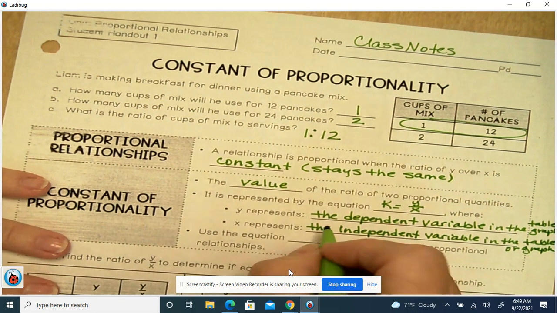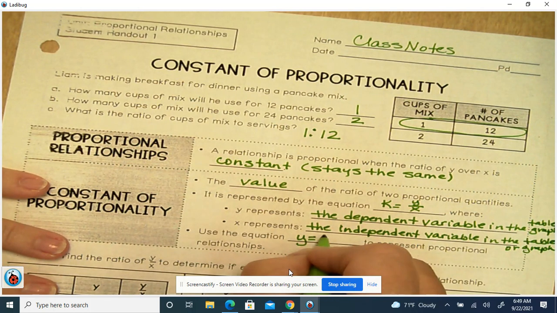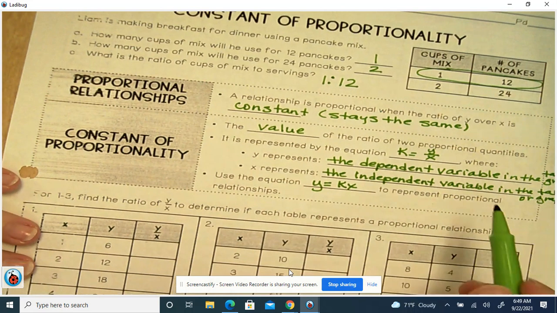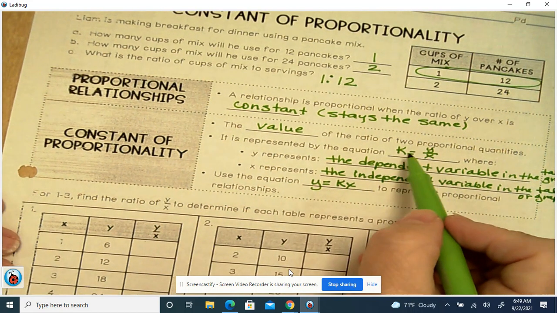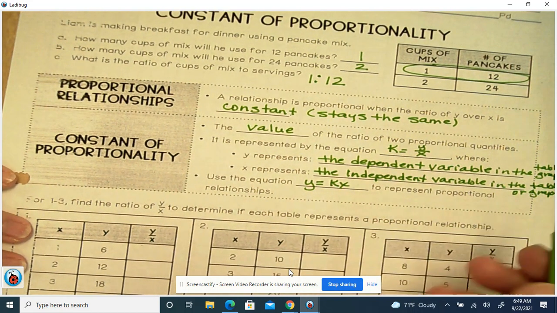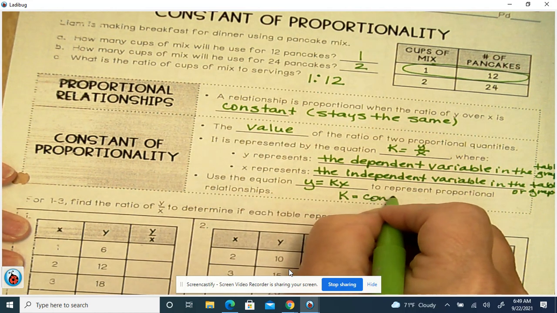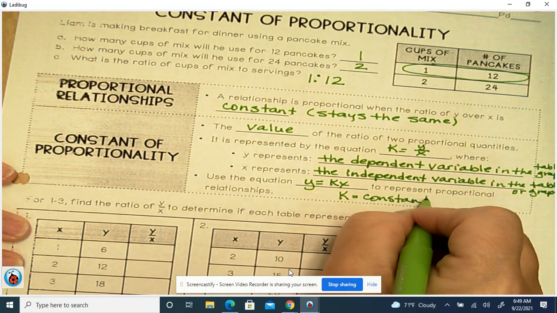Use the equation y equals kx to represent proportional relationships. Now we said here y divided by x is going to give us k, which is the constant. So k is equal to the constant, what doesn't change.